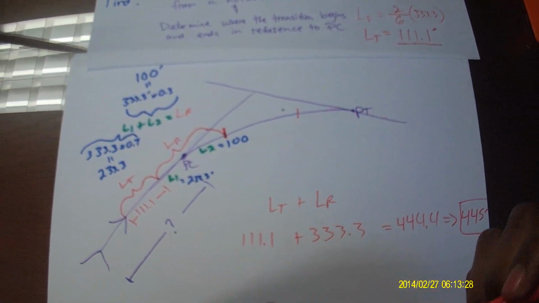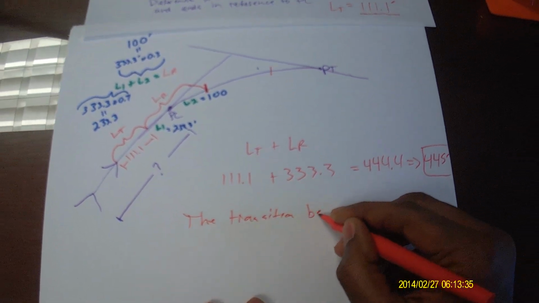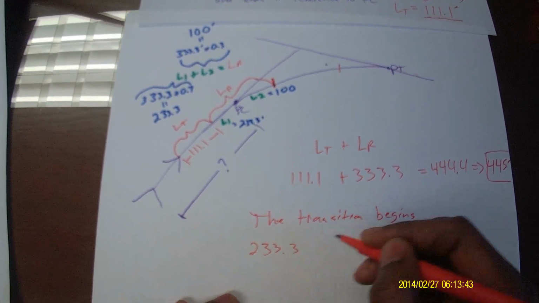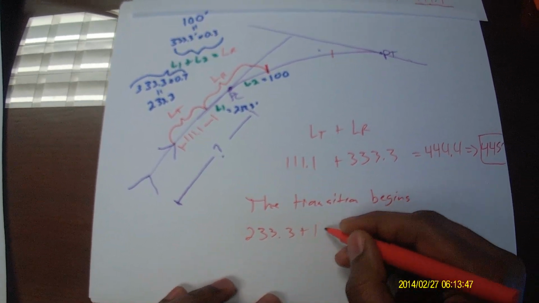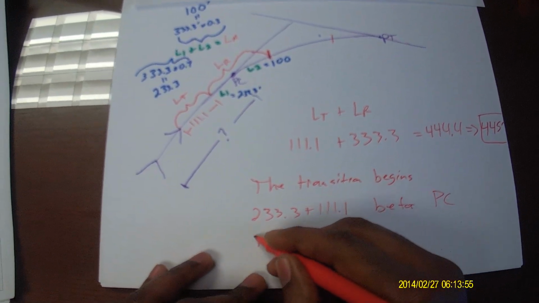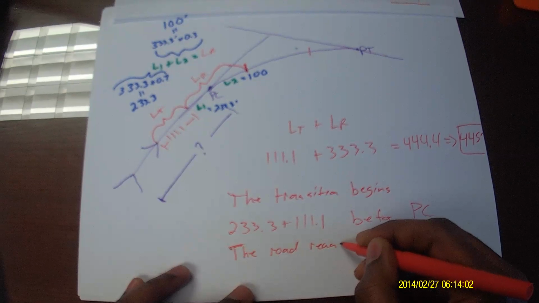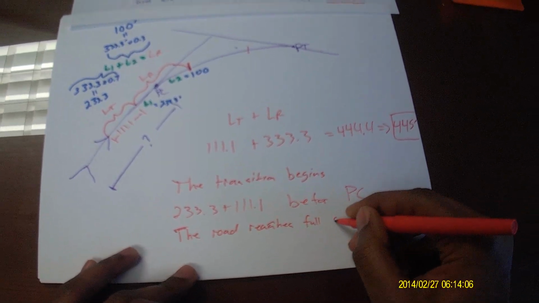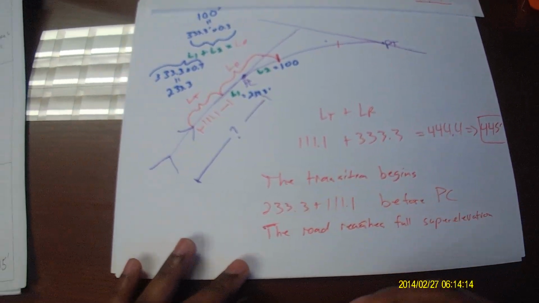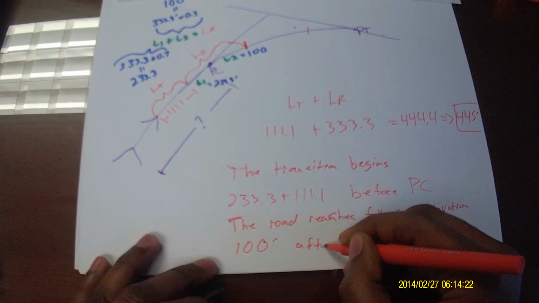Well, in reference to PC, the transition begins 233.3 plus 111.1 before the point of curvature, and the road reaches full superelevation 100 feet after PC.